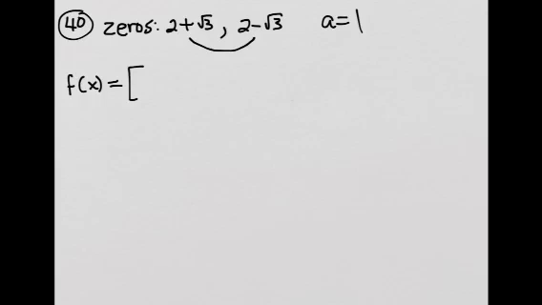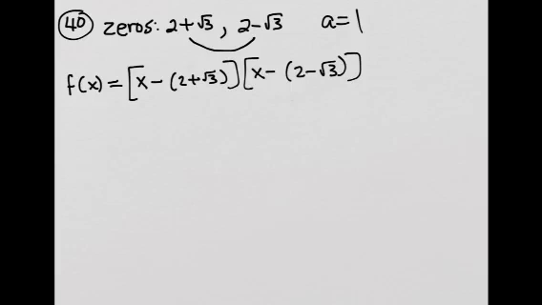So when you have a 0, you always set it up as x minus that 0. So I'm going to write the first 0 and then the second 0. So now I'm going to distribute the negative. And that gets rid of the parentheses inside.